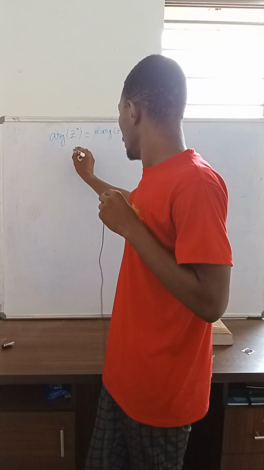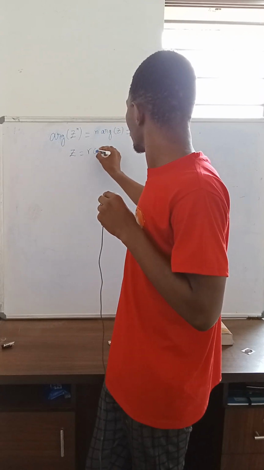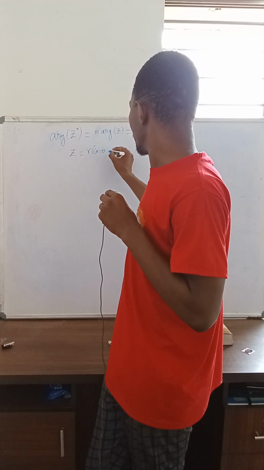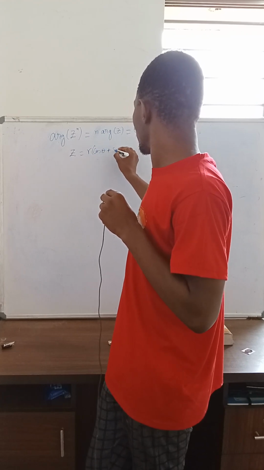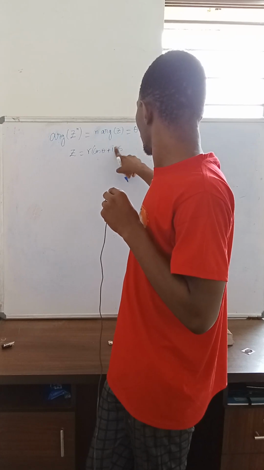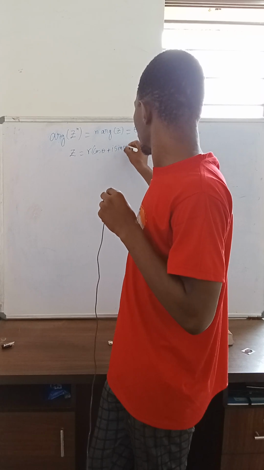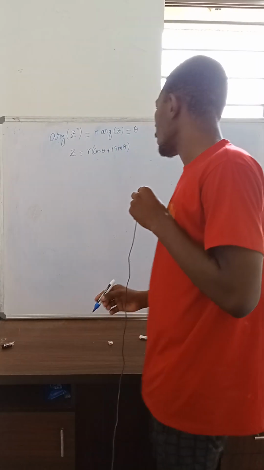The first thing is, we know that z is equal to r times cos theta plus i sin theta.